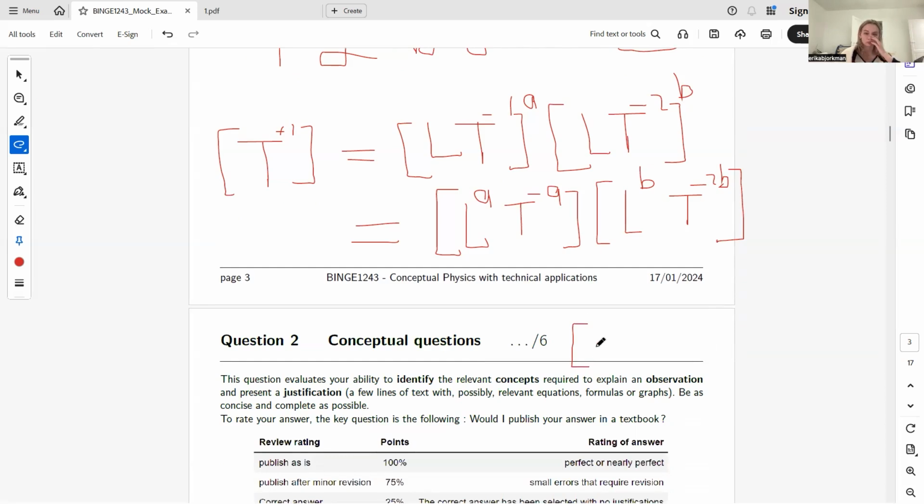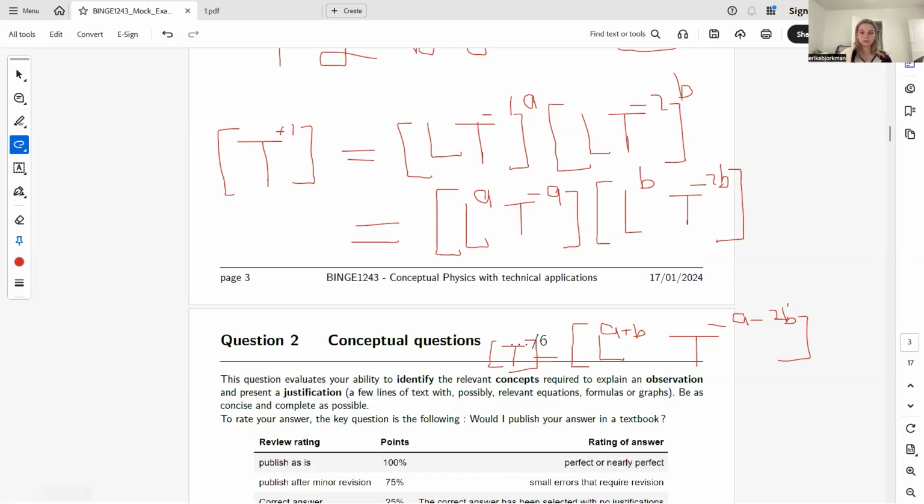Then our equation will become L to the power a plus b, and T to the power minus a minus 2b, bracket close, while on the left hand side we have only the factor time having the power 1.